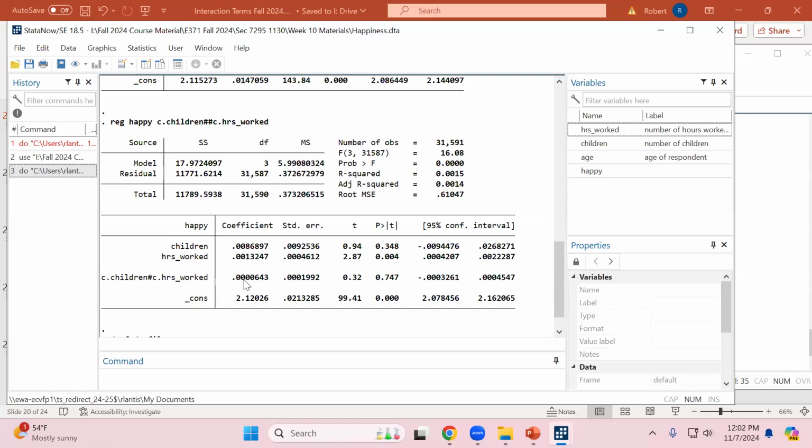So it'd be beta 2 plus beta 3 times hours worked. Okay. So if I'm plotting this out, I'm thinking about the marginal effect of having one more kid, right? This coefficient from my regression results was 0.008. I'm rounding pretty egregiously here.